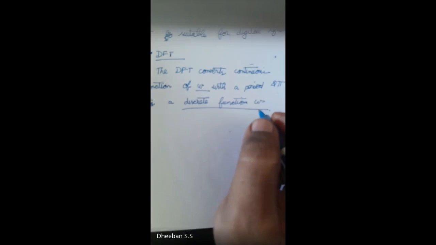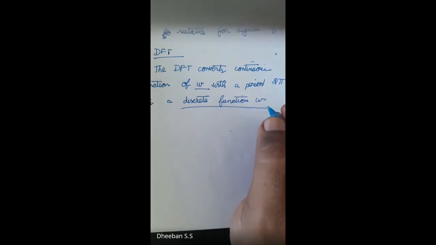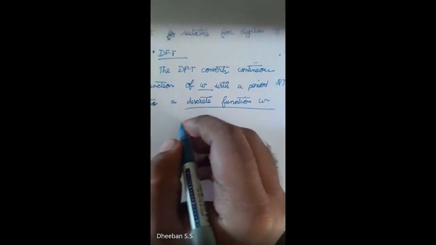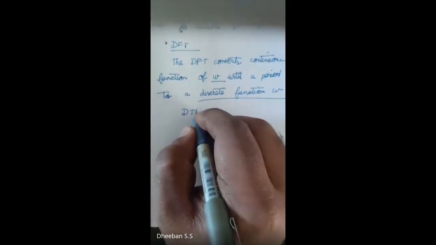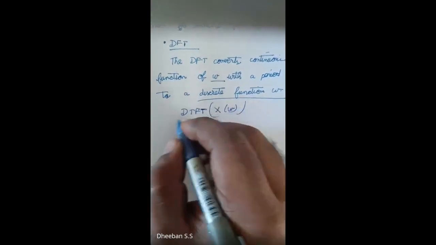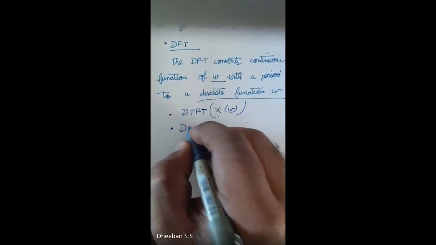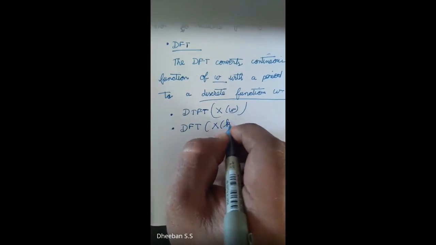In this unit we will be covering DFT entirely, and its counterpart IDFT. Your DTFT was denoted by x of omega, but over here your DFT will be denoted by x of k.